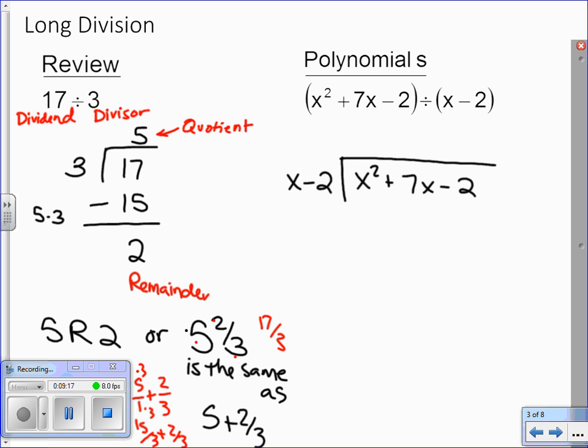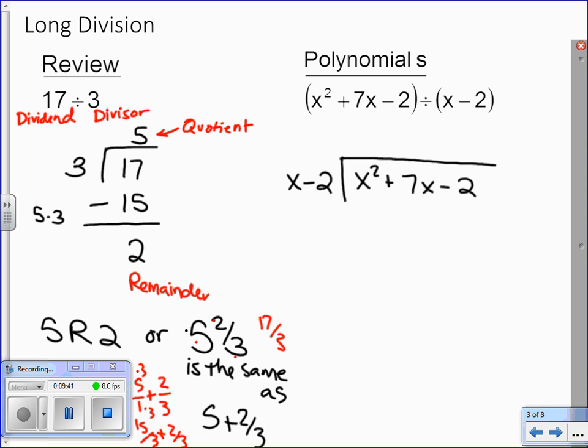So if I'm working with an x squared, which is quadratic, I want to have an x squared term, an x term, and a number term. If I'm missing any one of those, I'll put a 0 there. We'll do an example, hopefully, that will show us what to do when that happens. But you need a placeholder.